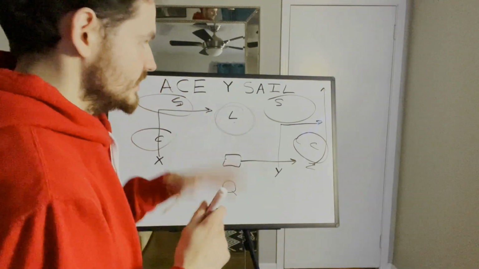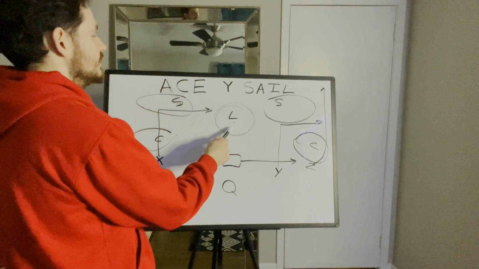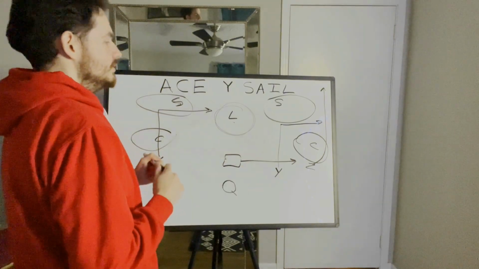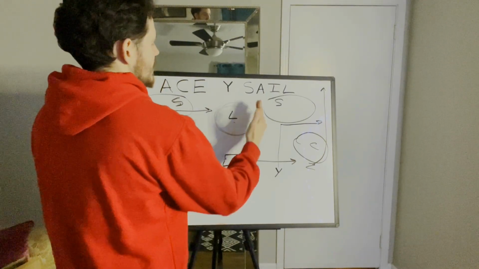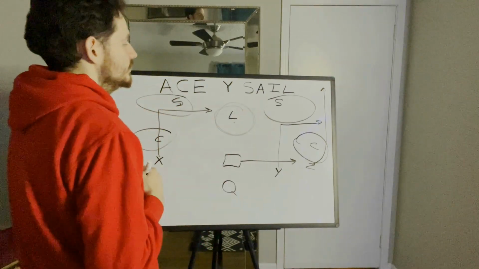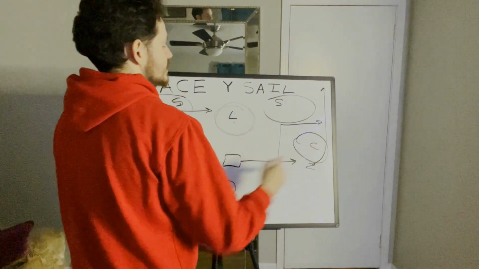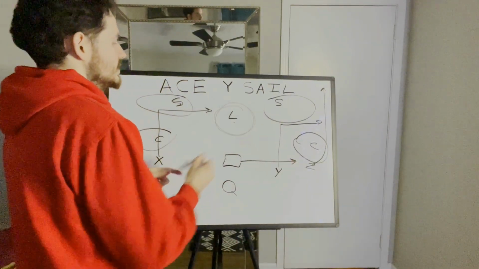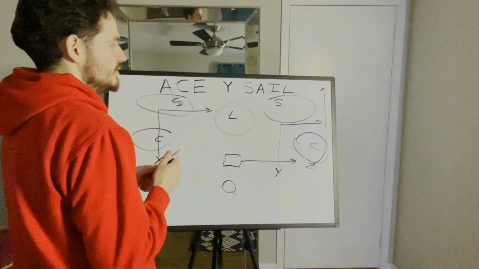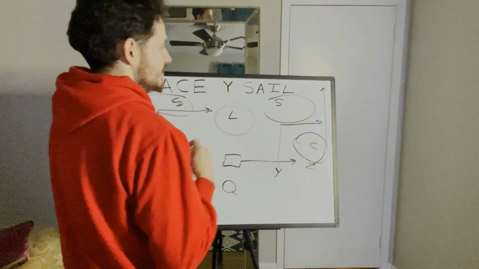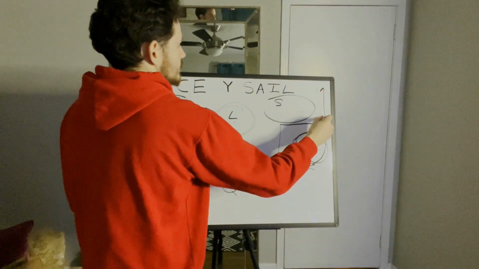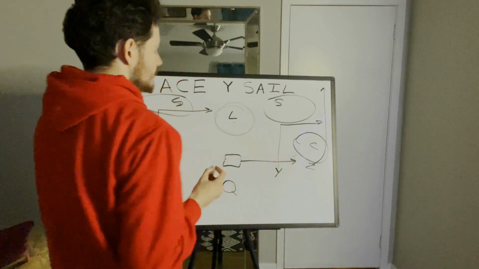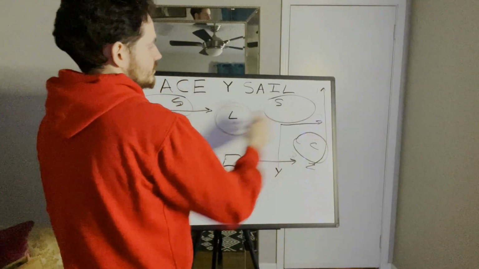Because if he's in coverage, by pure alignment alone, he is going to have a hard time reacting to this play. Since everybody is moving away from him, he's going to have a hard time reacting, which is good for us because we have 1, 2, 3 routes coming towards 2 defenders.